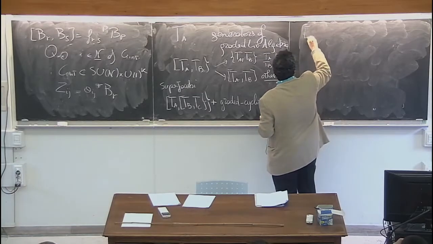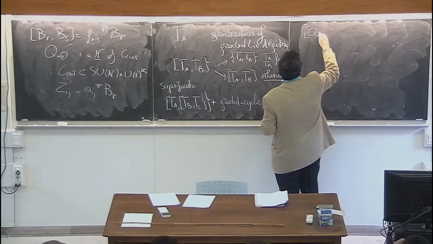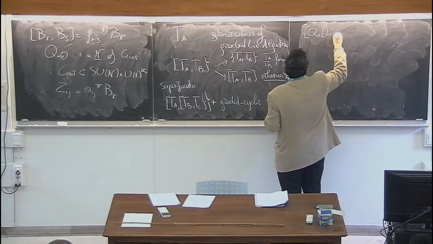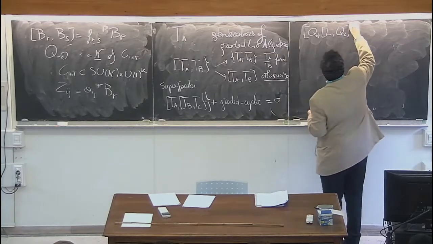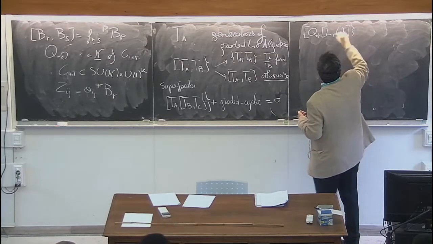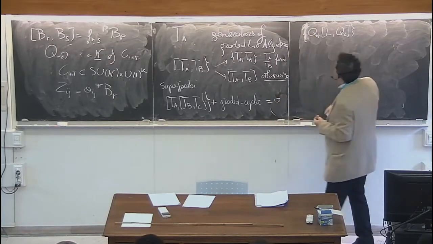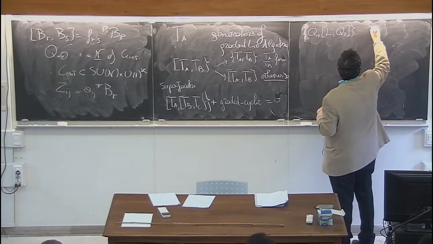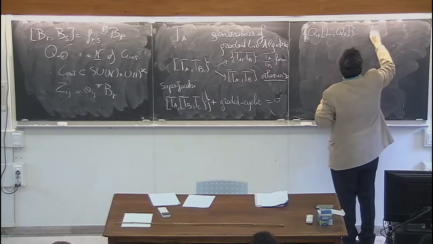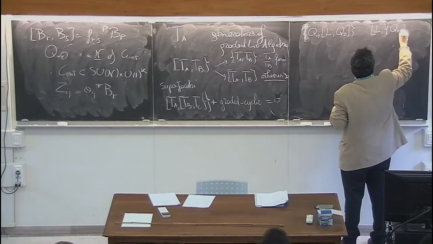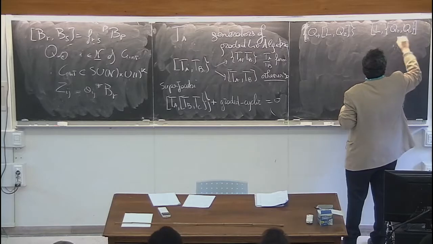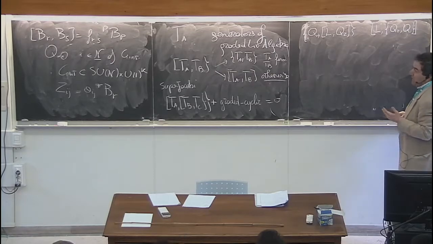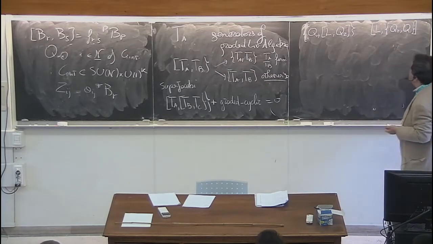So for instance, if you have Q1, L, Q2, this is fermionic, so this is going to be an anti-commutator. Then we have another thing here, which is L, Q2, Q1. This is bosonic, so this is going to be a commutator. L is a generic bosonic generator.